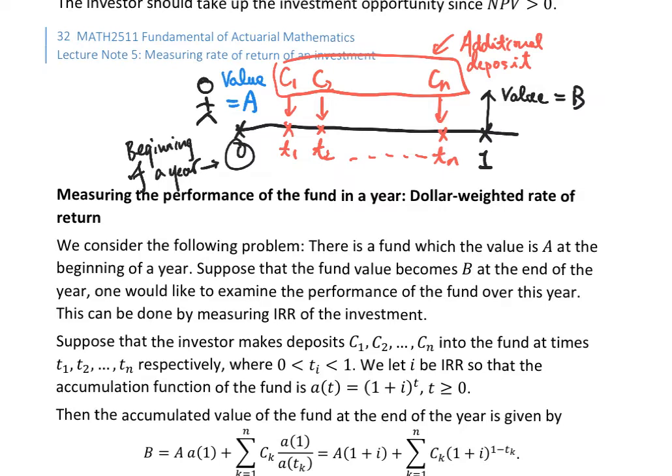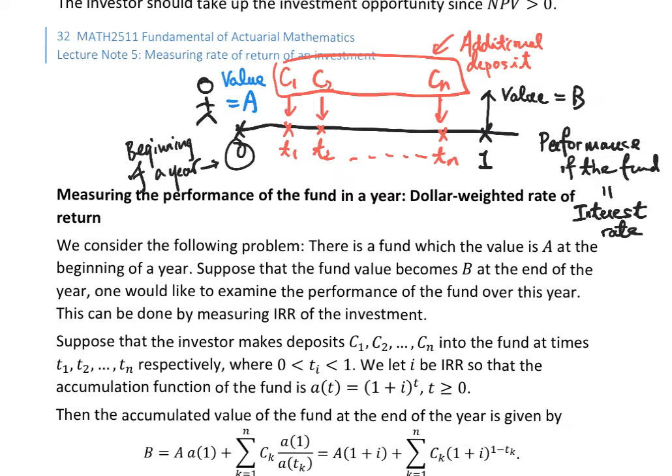Now what we are going to do is evaluate the performance of this fund over this entire year. That means we try to measure how much interest is being earned by this investment fund.